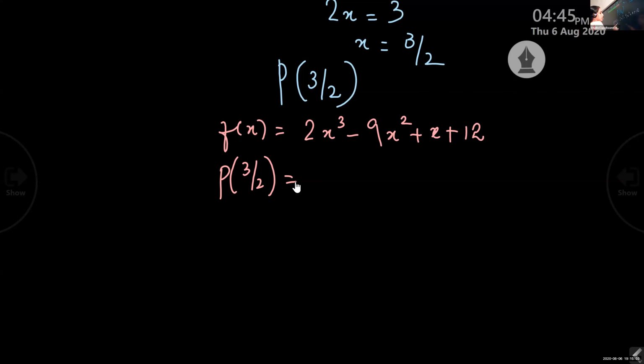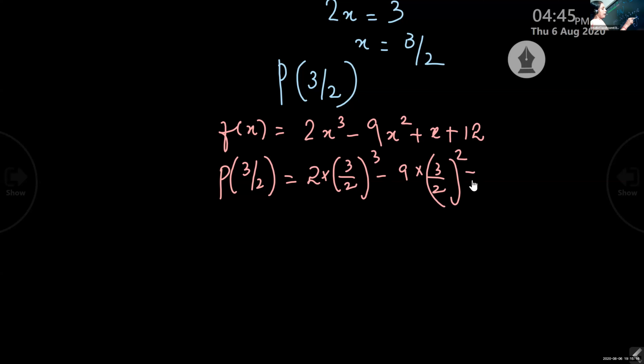Okay, children. So substitute 3 by 2. 2 into 3 by 2 all cube minus 9 into 3 by 2 all square plus 3 by 2 plus 12. Will you tell the steps?